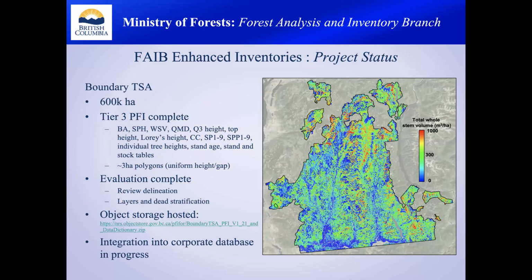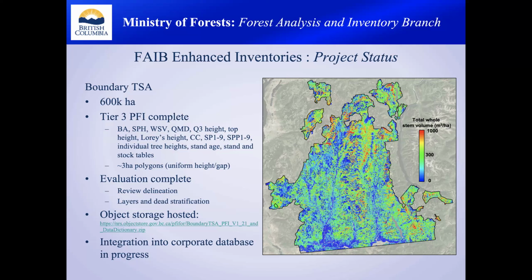The boundary timber supply area you probably would have seen at last year's meeting, was at some point within the process at 600,000 hectares. It's complete with a tier 3, roughly 3 hectare polygons, which were delineated by a data-driven approach. The evaluation for that product is complete, and the inventory specialist's impressions of that is that the delineation wasn't what they were used to.